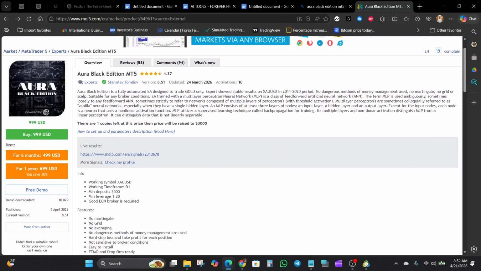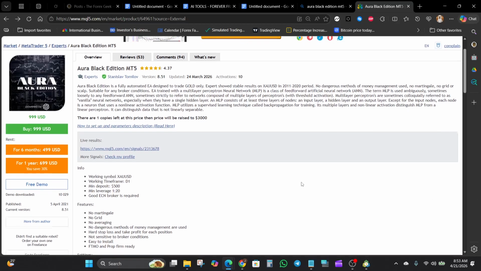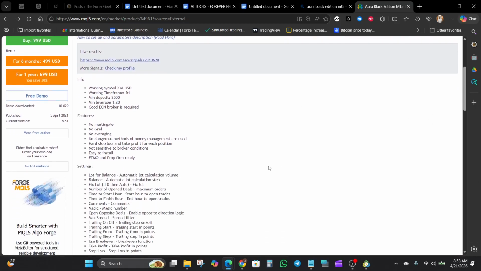Now, of course, whenever you see anything related to AI or neural networks, it sounds impressive, right? But what really matters is how it behaves in actual market conditions, which is what we'll be testing shortly. Now, let's quickly go through the core features of this EA.